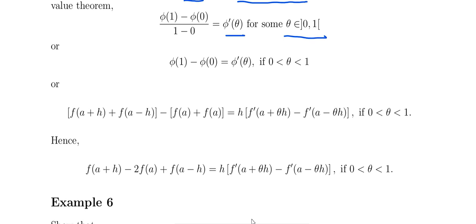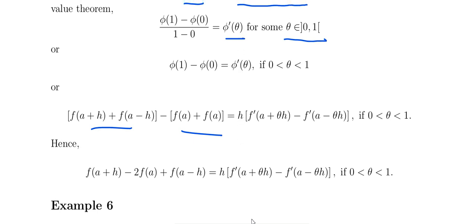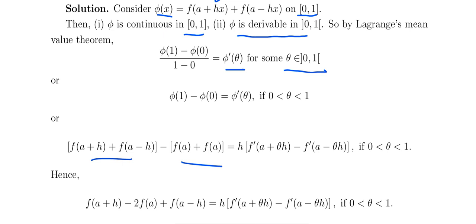So that is f of a + h, this is phi of 1, this is phi of 0, and h into f dash of (a + theta h), minus f dash of (a - theta h). So when you differentiate with respect to x, already hx is there, so h into minus h x, when differentiating with respect to x, a minus comes, so minus f dash of (a - hx) into minus h.